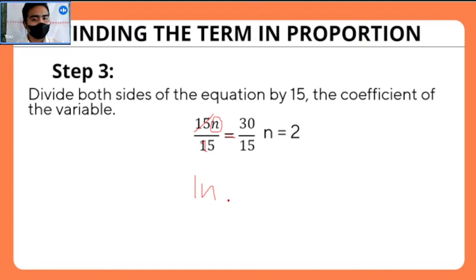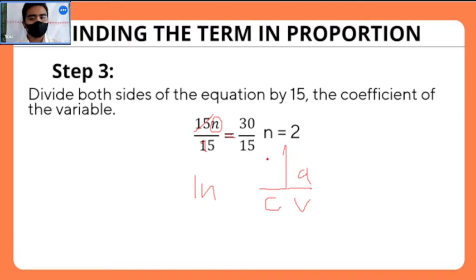Please remember this: in expression or algebra, when we say expression, we have coefficient and variables. Our variables can be represented by any letter, and your coefficient can be any number.